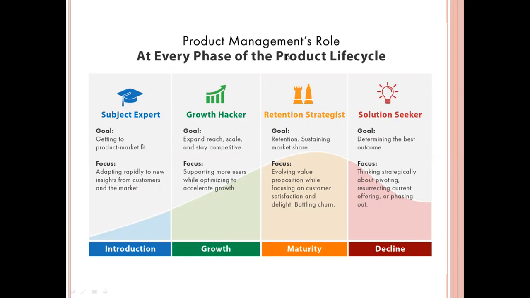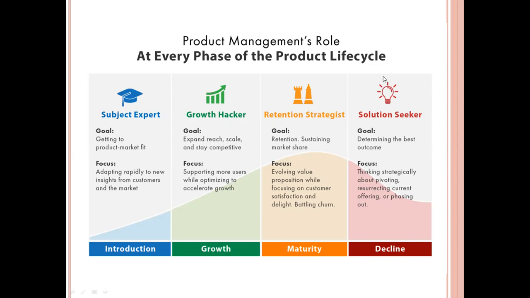Okay. So these are the phases of the product life cycle. We have introduction, growth, maturity, and decline. So again, for our new offering development process, we have idea generation, idea screening, feature specification.